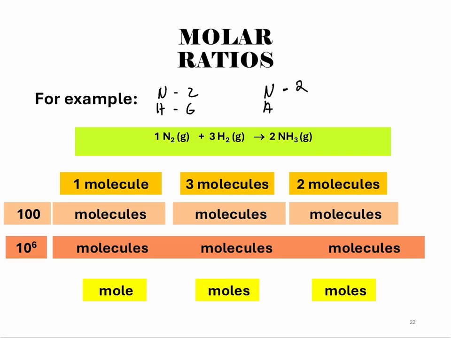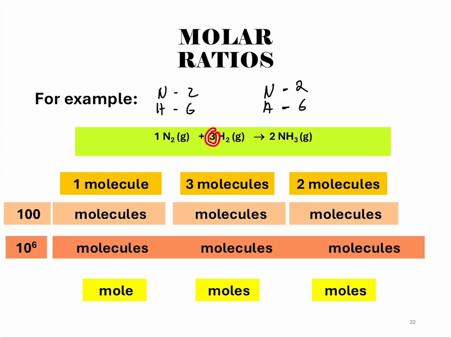And how many hydrogens are there now? 6, because the subscript for hydrogen is 3, right? Subscript for hydrogen is 3, and we have 2 total molecules, right? So just to review, this number represents how many molecules of this we have. The subscripts tell us how many of that atom are in that molecule, right?